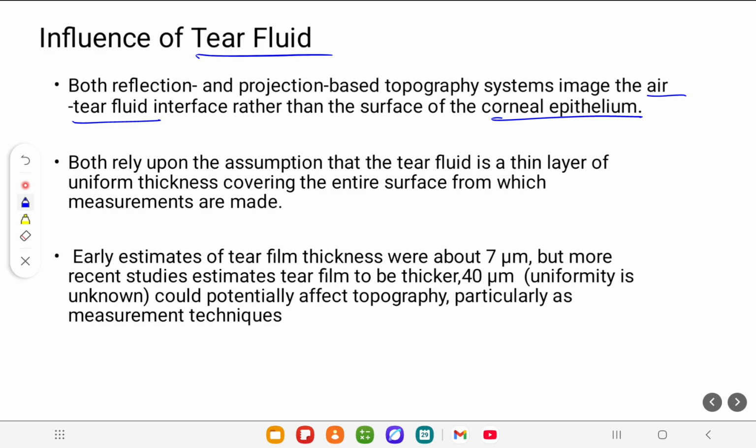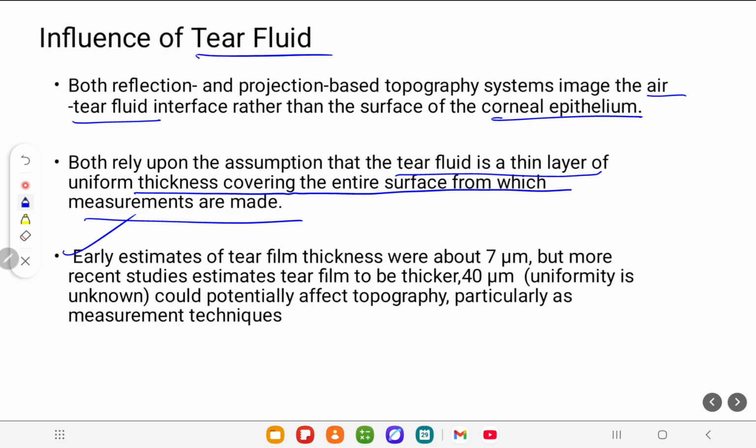But the truth is, it actually forms on the air-tear fluid interface surface. So both rely upon the assumption of a thin tear fluid layer of uniform thickness covering the entire surface, and the measurement is made. Both assume that the tear film entirely covers, is uniform, and very thin.